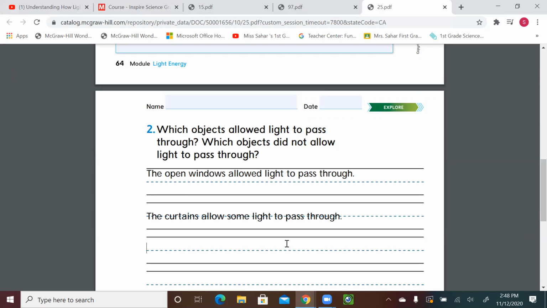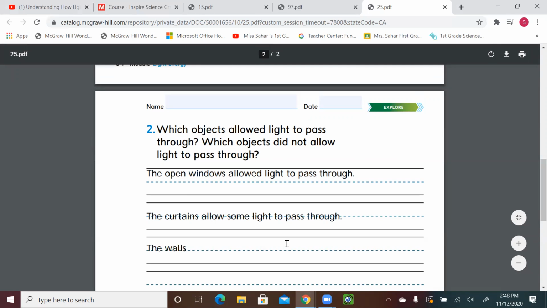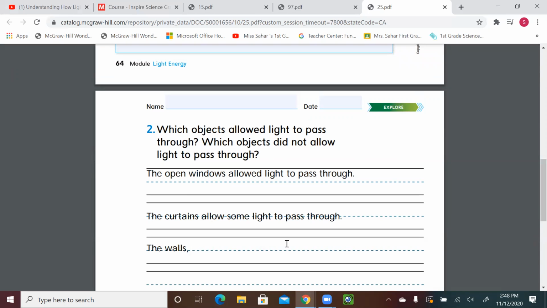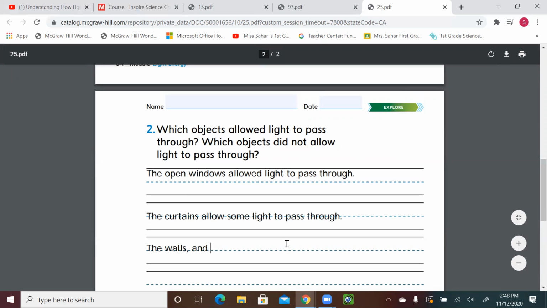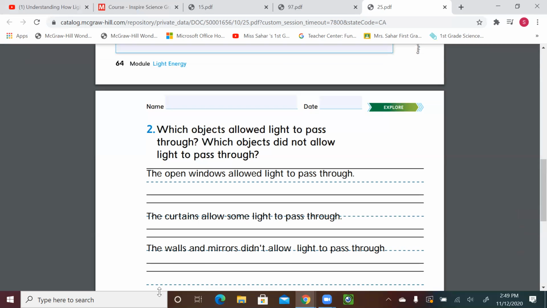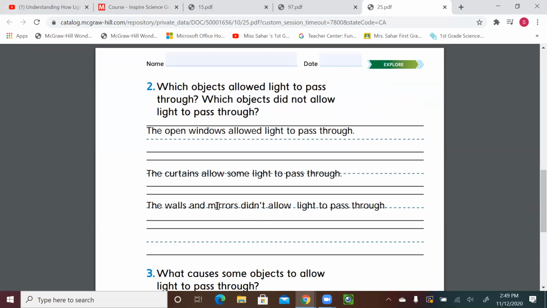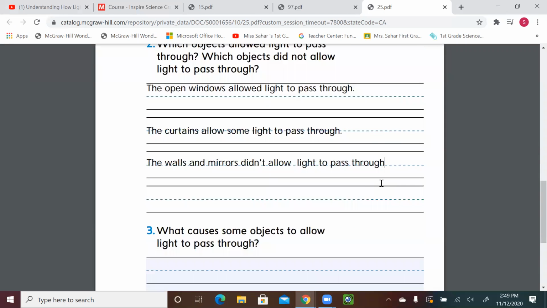So we can say walls, and since we had this experiment now, the mirrors did not allow, and also with the cat that we saw, the mirror didn't allow the lights to pass through. All right, so we know that when the windows open, yes, curtains allow some light, but walls, furniture, mirrors did not allow light to pass through, and it blocked it.